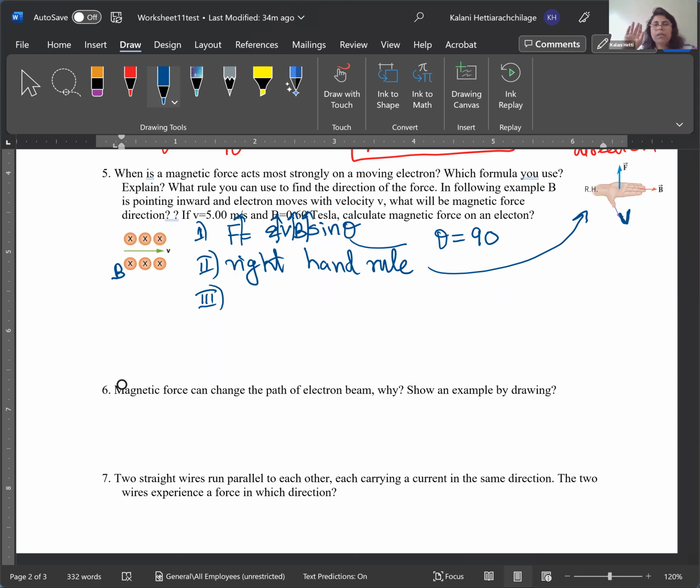So again, your right hand, and then you're going to use the magnetic field inward and your velocity to the right. So my magnetic field inward, velocity is my thumb to the right, and then magnetic force will be, see that, upward.